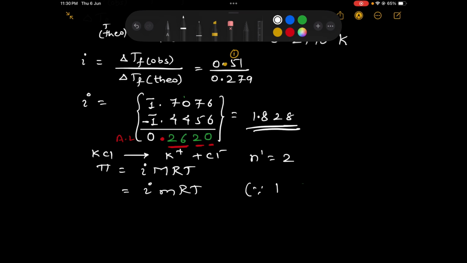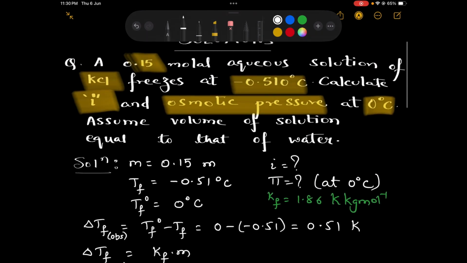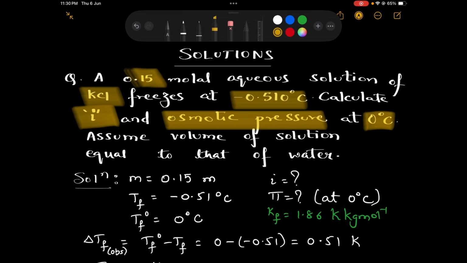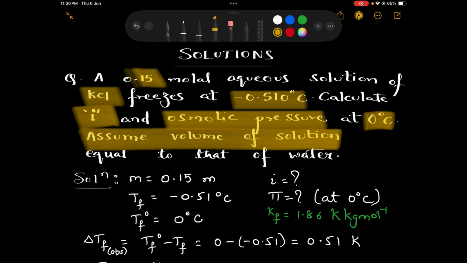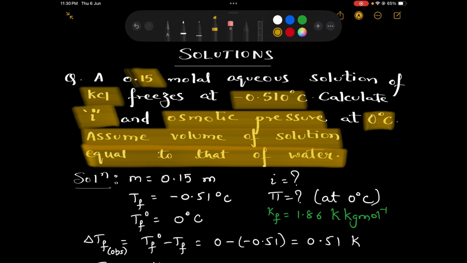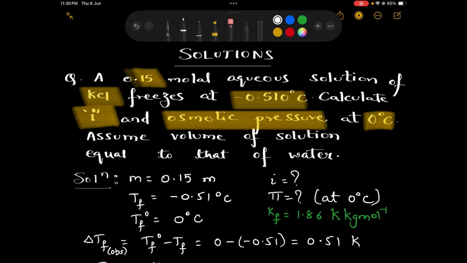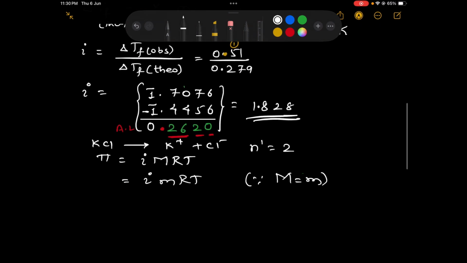Since we are going to consider molarity equal to molality because it is mentioned like that in the question. See, in the question it is written, assume volume of solution equal to that of volume of water. So molarity has to be considered equal to molality.